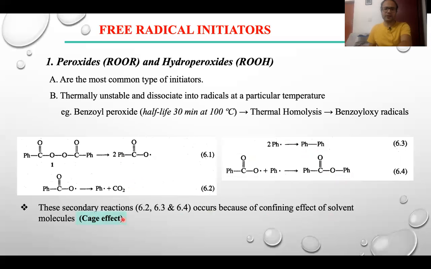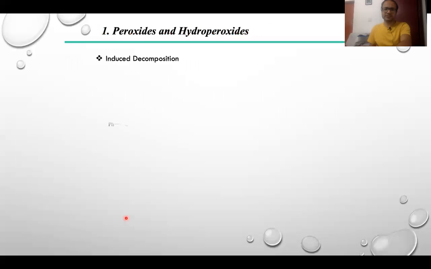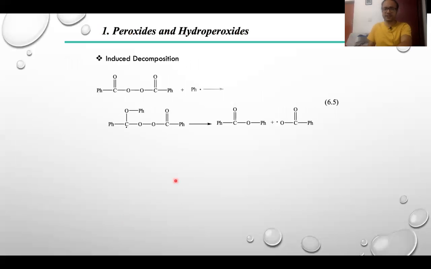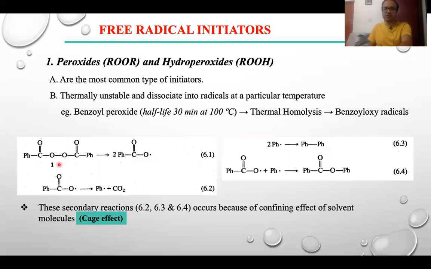Now, another kind of wastage reaction is induced decomposition. That means the phenyl radical that is generated because of the confinement effect can react with the neutral benzoyl peroxide compound to generate neutral species, thereby generating a phenyl benzoyl oxy radical. But still it is one, because if you look at the original reaction, when it undergoes homolysis, it forms two benzoyl oxy radicals.